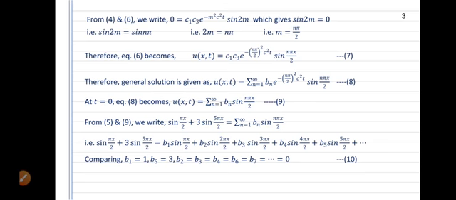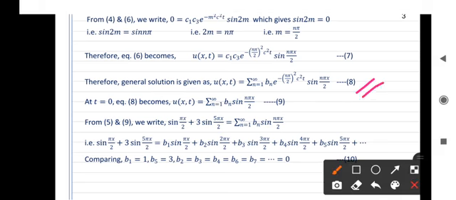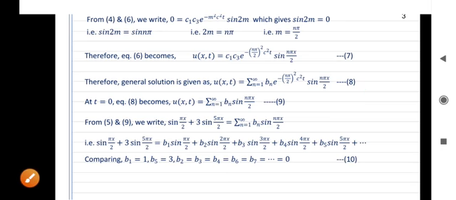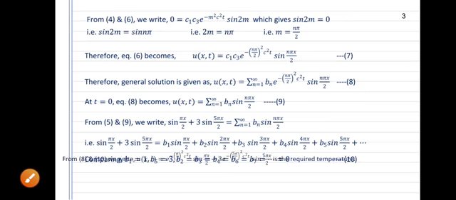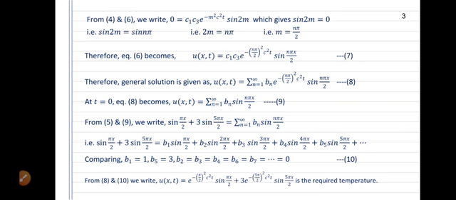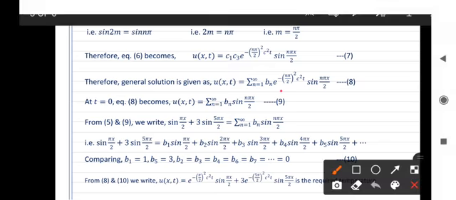Now using these values of b in equation 8, we can write the solution for temperature function as u of xt is equal to e raised to minus [pi by 2] square c square t. Here n equal to 1 is put for the first term, so b1 equal to 1 we are using here. b2, b3, b4, b6 and so on, these terms are 0.